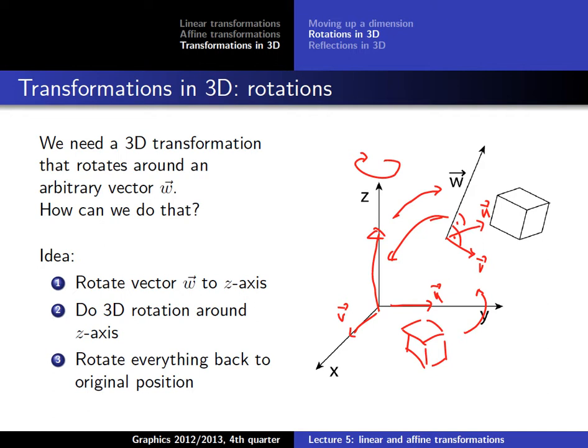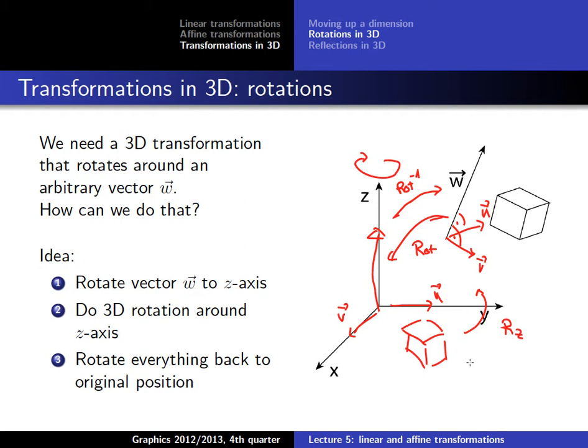Wait, let's make sure that I use the correct rotation notation here. If we call this R or rot for rotation matrix, then this is the reversed rotation matrix, and this is then, let's call it R z, because it's a rotation around the z axis.